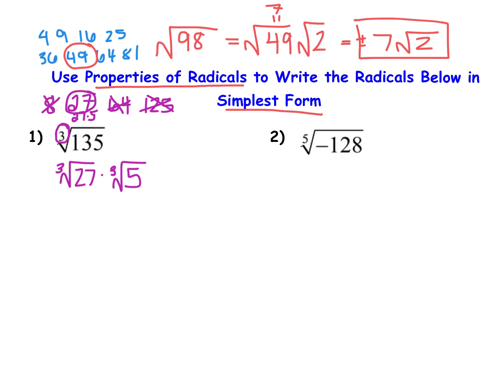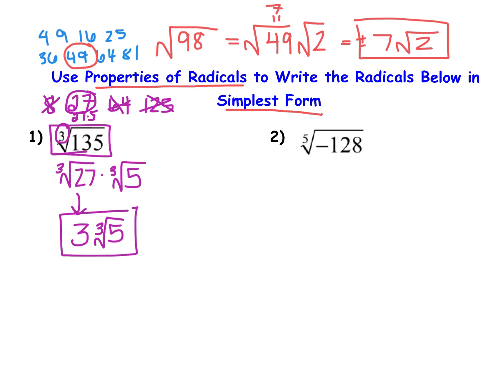From here, I know that the third root of 27 can be rewritten as 3, because 3 times 3 times 3 gives me 27. Notice that when I rewrite it as 3, the radical is gone. Then I get the third root of 5. So in its simplest form, the radical we started with would be 3 times the cube root of 5.